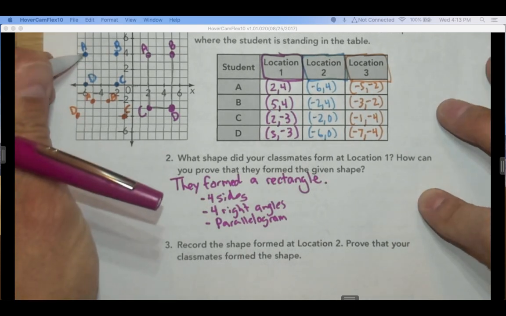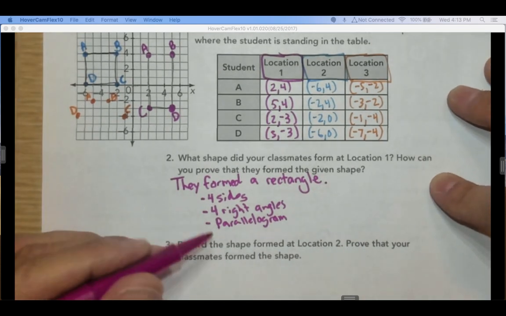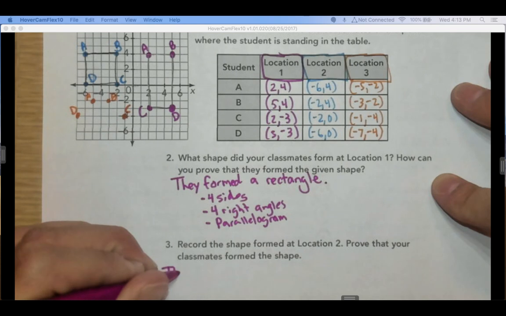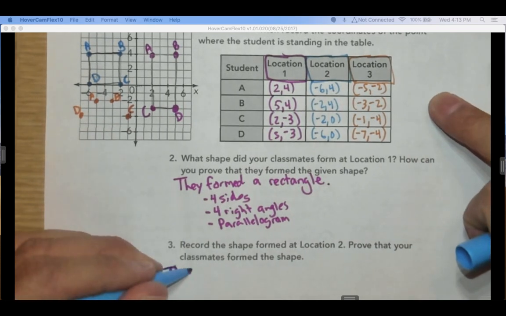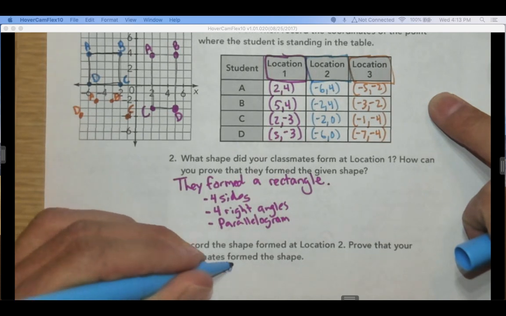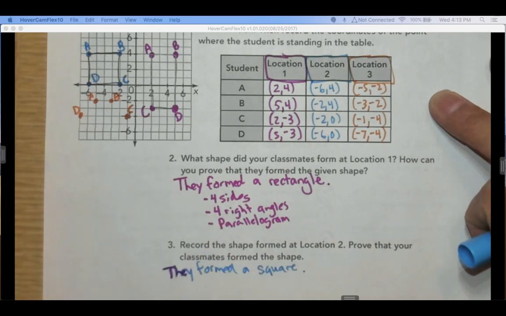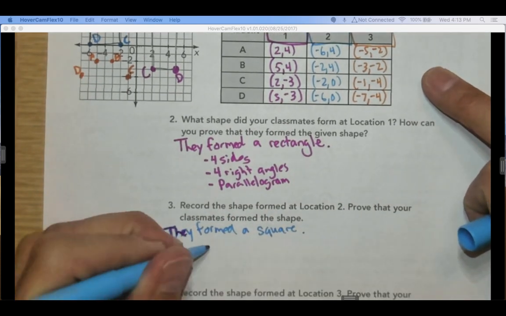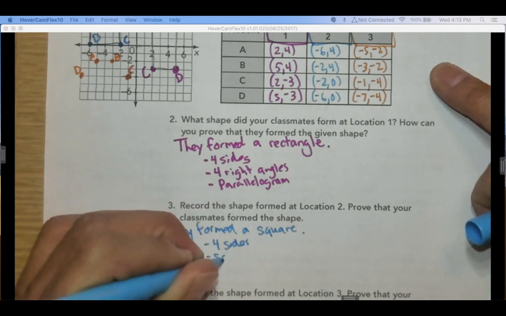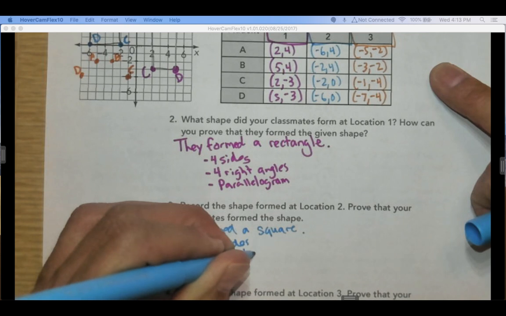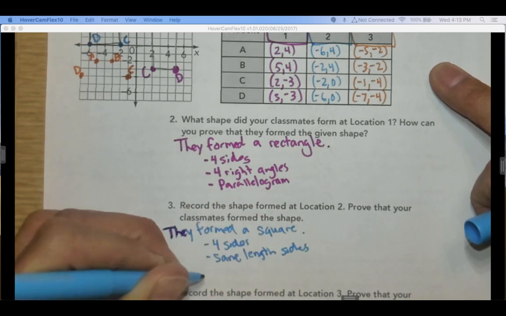If I connect the dots, I can see that they formed a square. Same length sides, 4 sides, right angles.